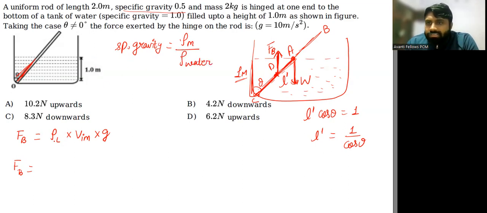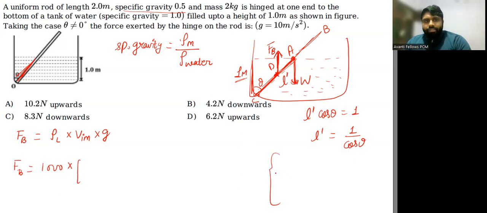So the density of liquid, which is water, we know the value, it is 1000 kilogram per meter cube, multiplied by volume immersed. This is important. We know that nothing is said about the area of this, only length is given, which is 2 meter.